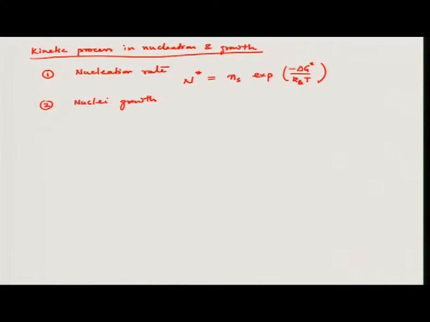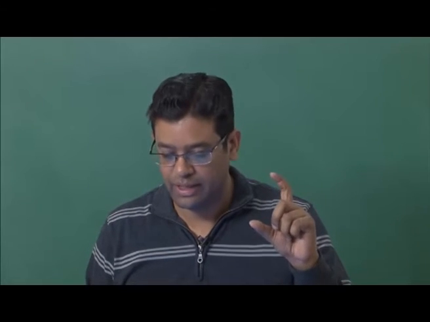Now, in this, n star is density of stable nuclei, ns is density of total nucleation sites, and delta G star is the energy barrier for a stable nuclei, right.